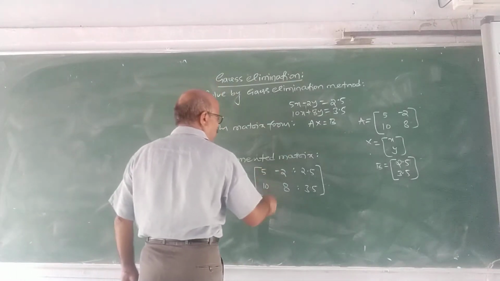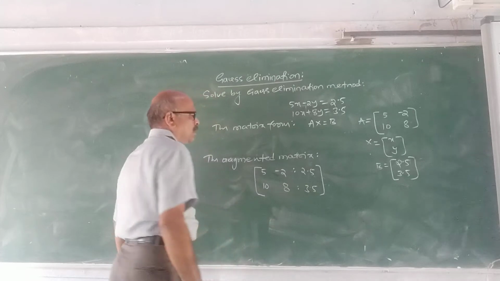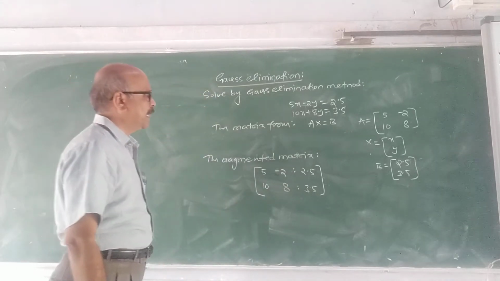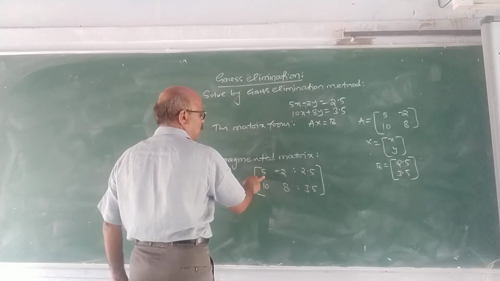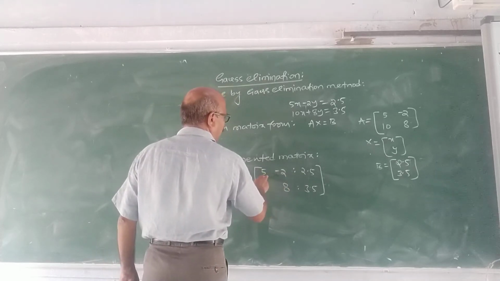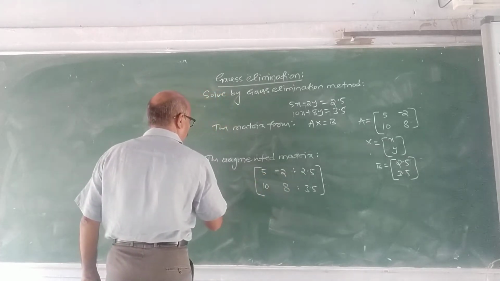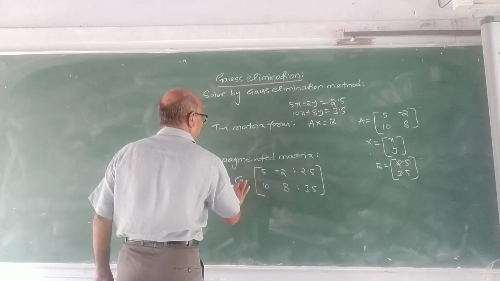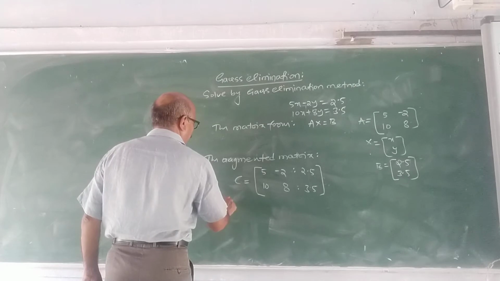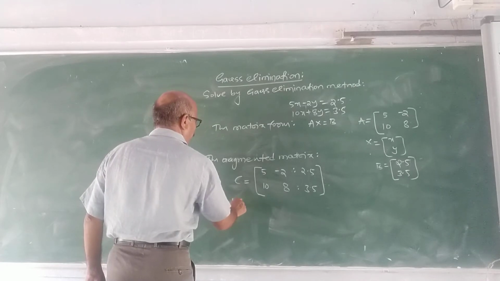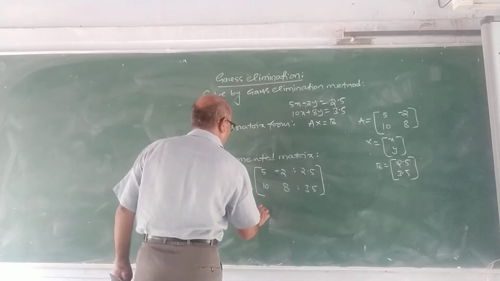Now reduce this to triangular form. What is the triangular form? You have to make this 1, and this 1. Therefore, we take R1 divided by 5.